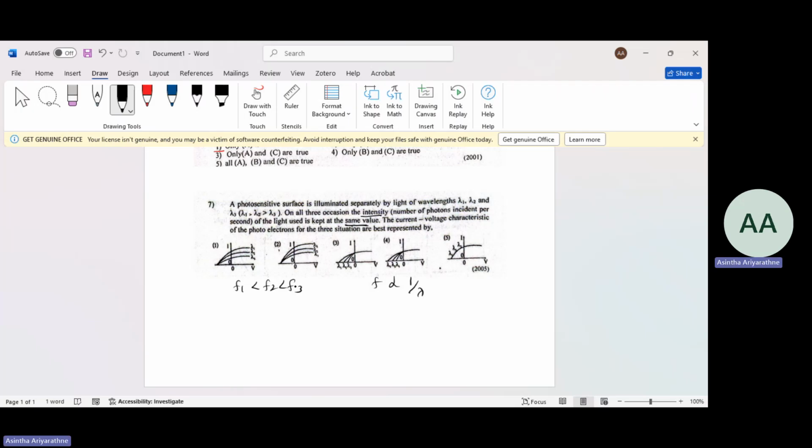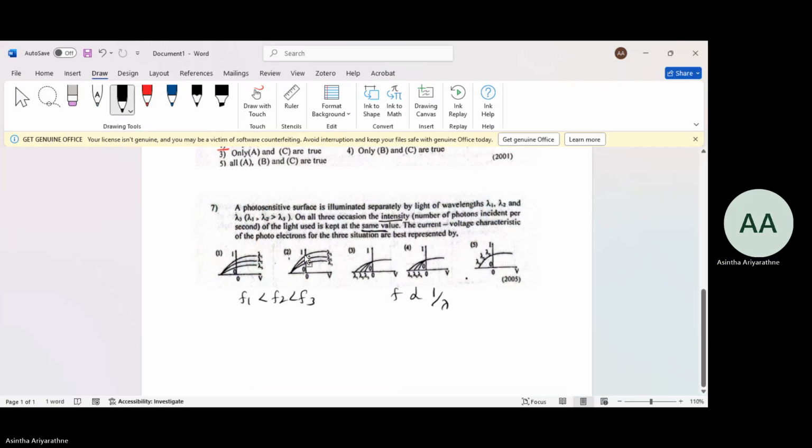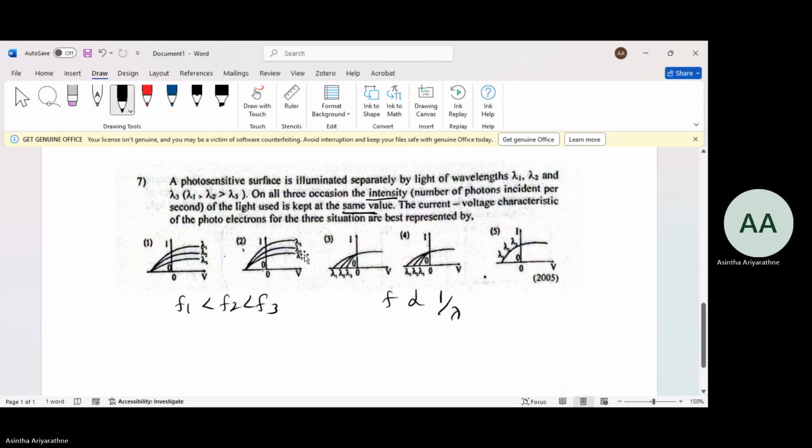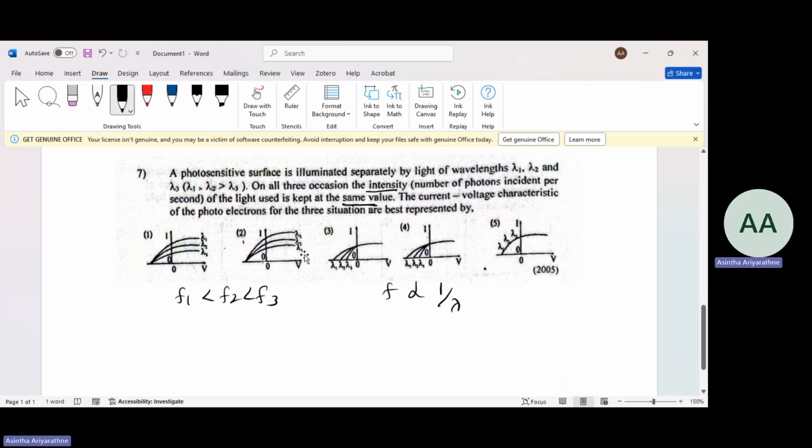The frequency of the third wave is the highest, so f3 should be the highest. The stopping voltage related to the third wave should be the highest, and the first wave should be the lowest. So this one.